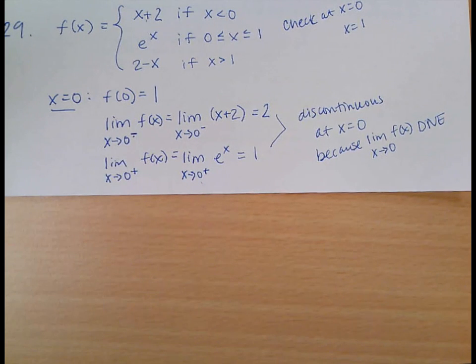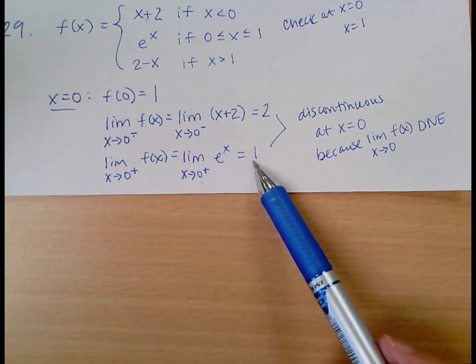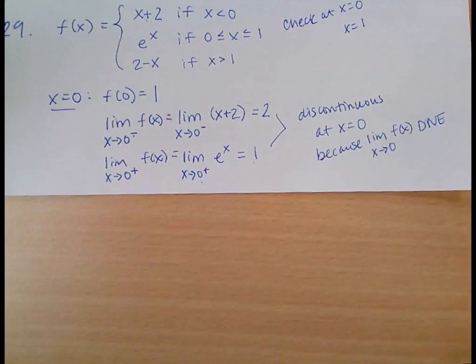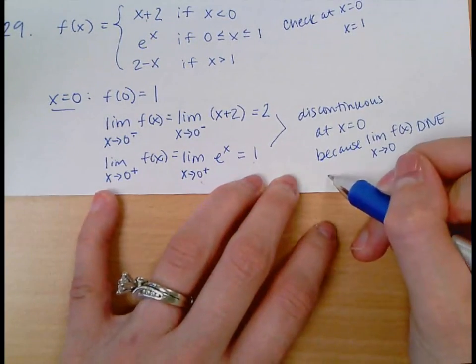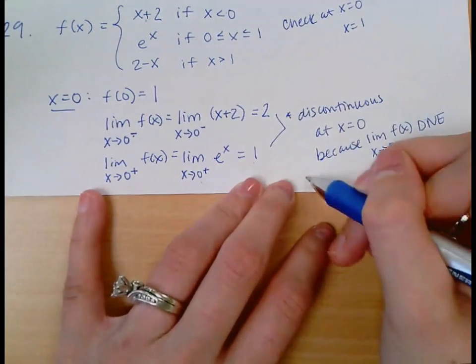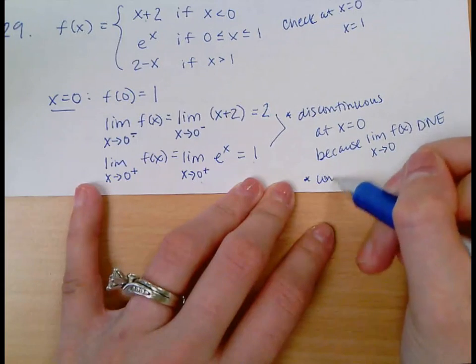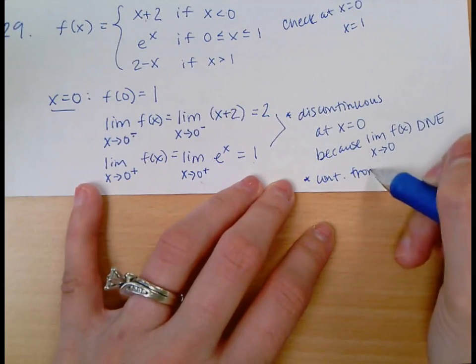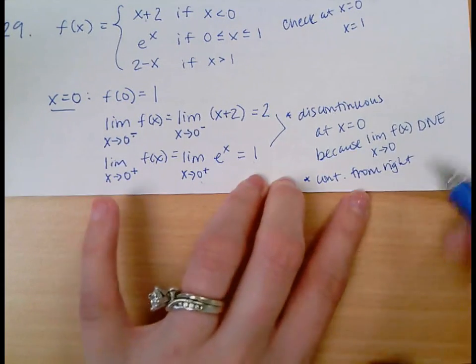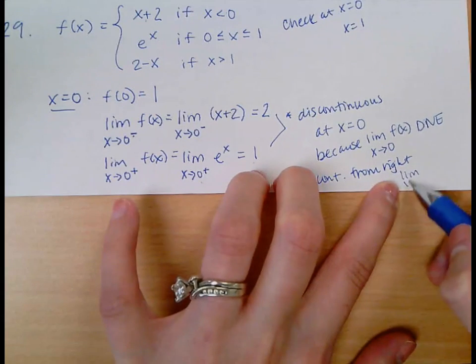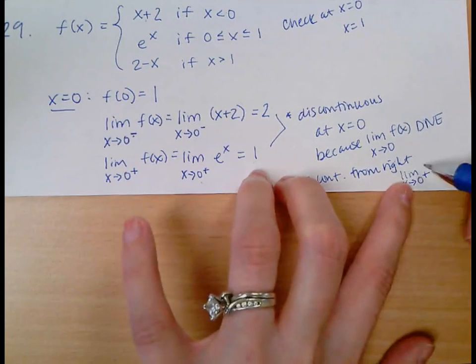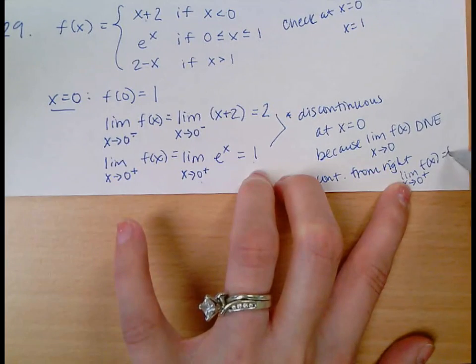Or is it discontinuous from both sides? From the right, because limit and the function value are equal. So in addition to this, I realize I'm not writing complete sentences here, continuous from the right, and that's because the limit as x approaches 0 from the right of f of x equals f of 0.